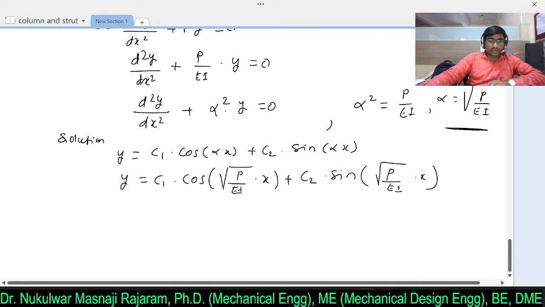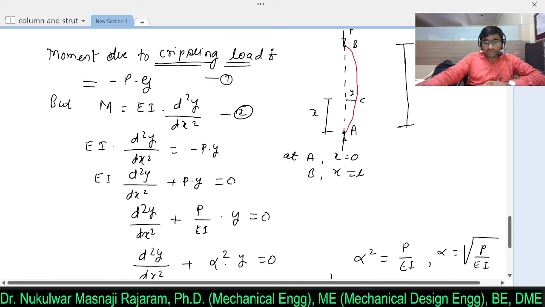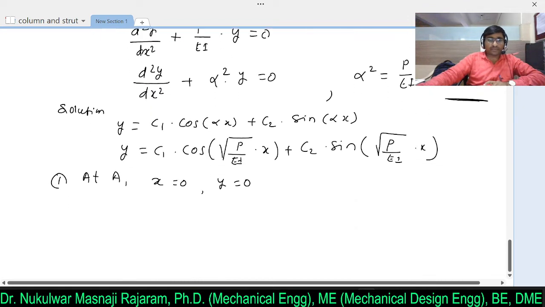So I will put the first condition, that is at A, x will be 0 and y will be equal to 0. If you see, maximum deflection is at center. At both the ends, if you observe, at A x is equal to 0, y will be 0. At x equal to L, y will again be 0. At center you will get the maximum deflection.